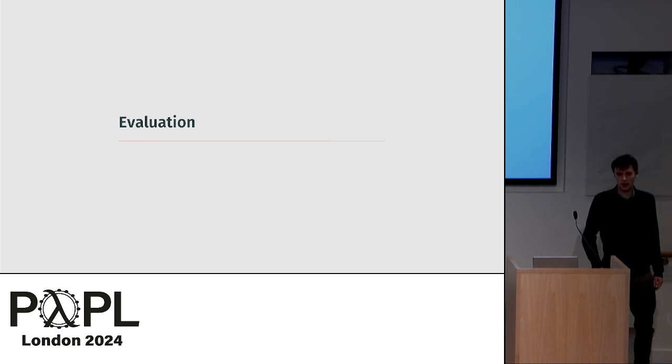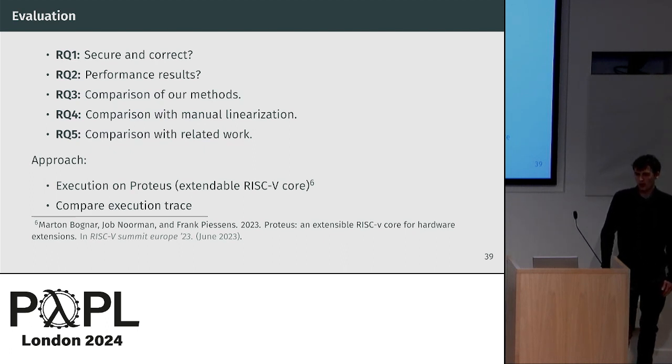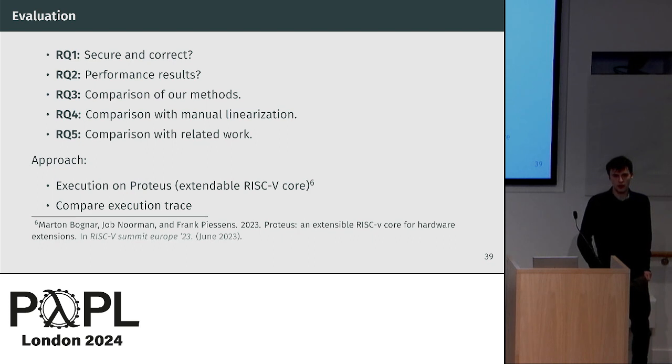Now I'll discuss the evaluation methodology and show some results. For the evaluation, we answered 5 research questions. Are the linearized programs still correct and secure? What are the performance results in terms of code size and execution time overhead?